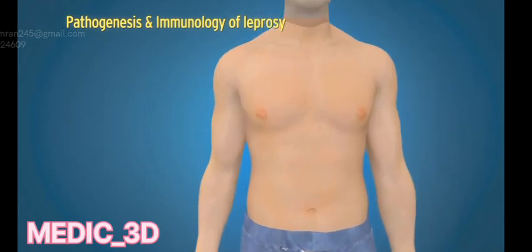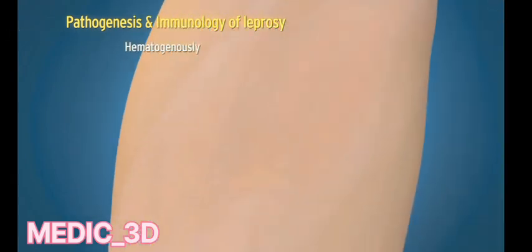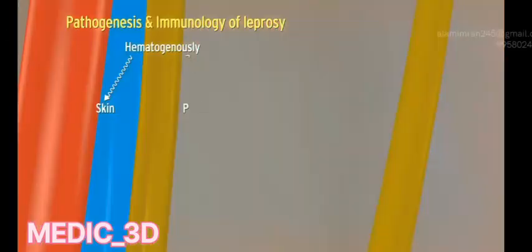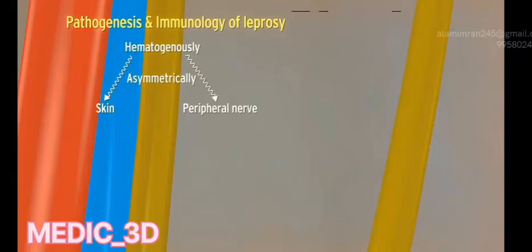From there, bacteria can spread hematogenously and reach skin or peripheral nerve trunks in an asymmetric fashion.